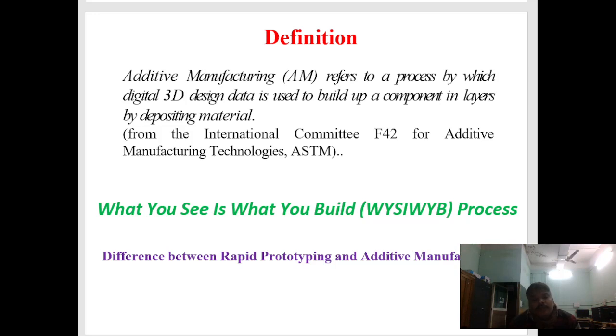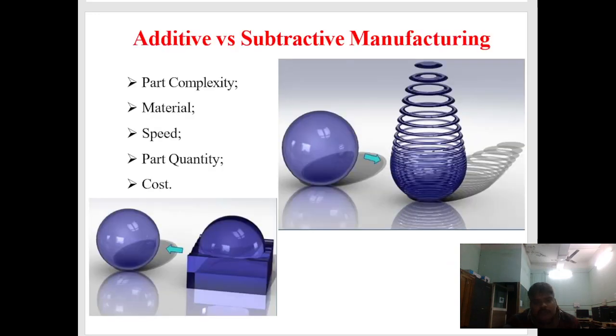So here in additive manufacturing we have to provide the design and put the material and property that we need. Then this is a very rapid prototyping process. It is not used for bulk production, mass production, but mainly used for rapid prototyping.